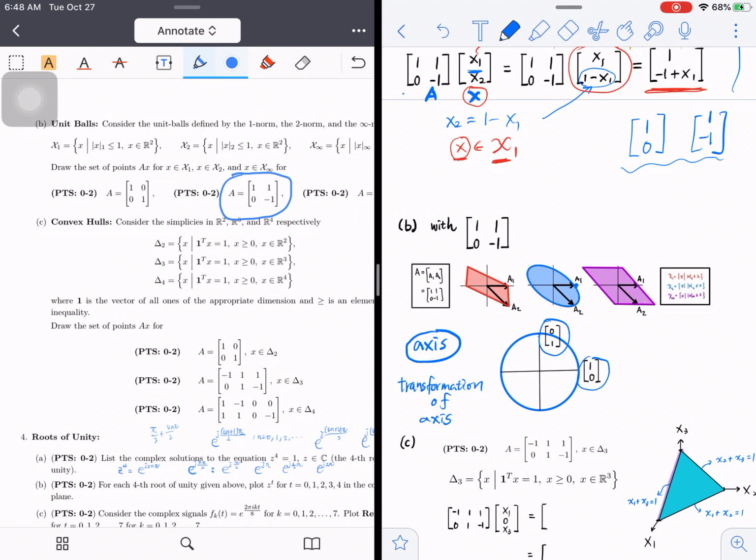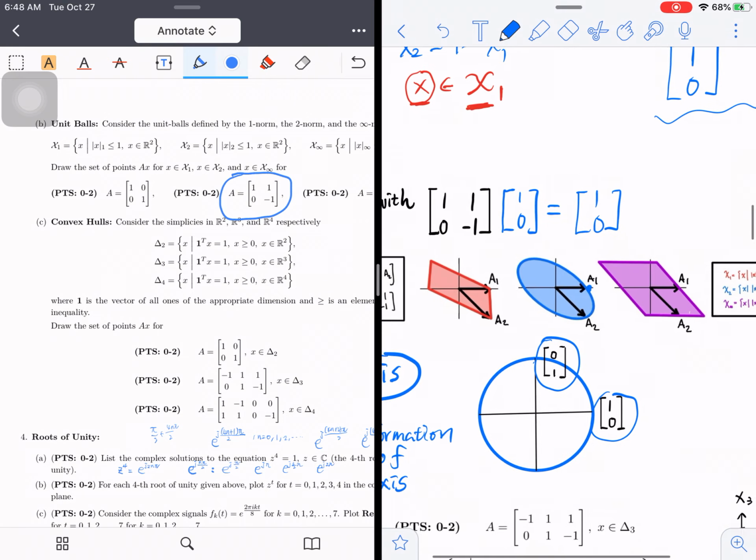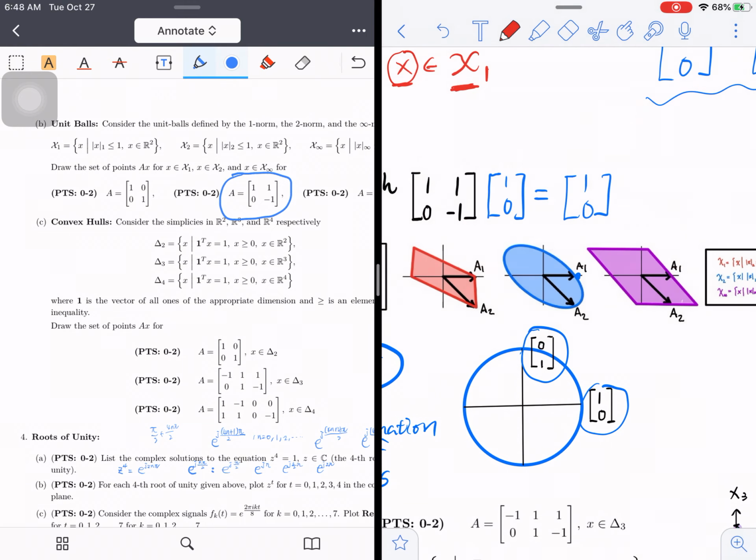So let us focus on how the transformation works under A. If I multiply A by (1, 0), I get (1, 0), which means this axis goes to this point. It doesn't change.